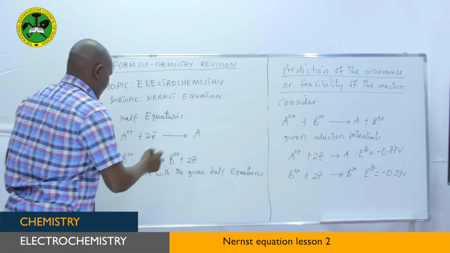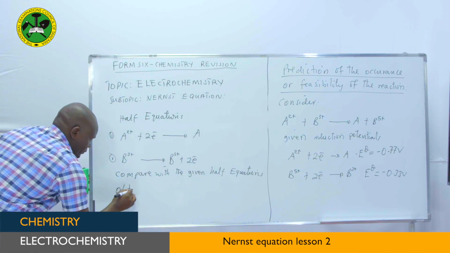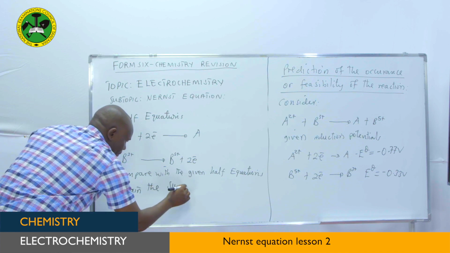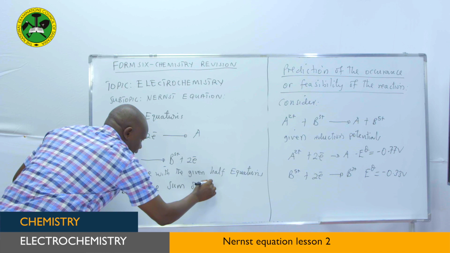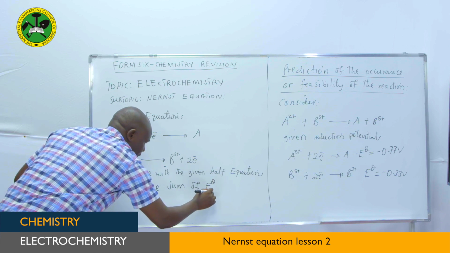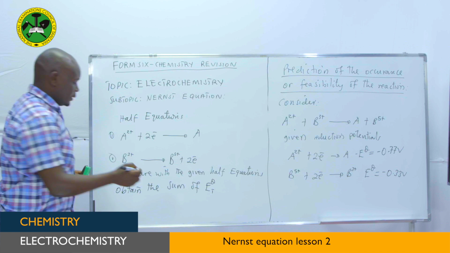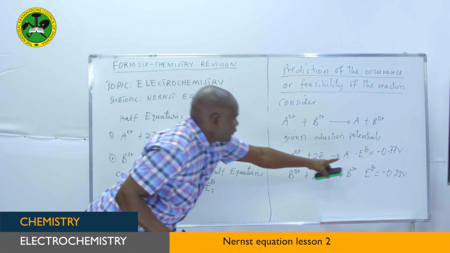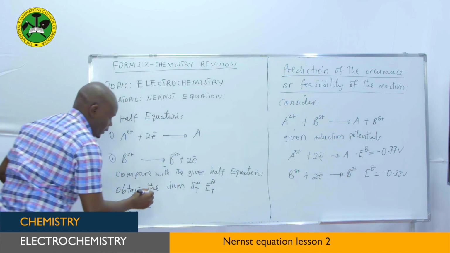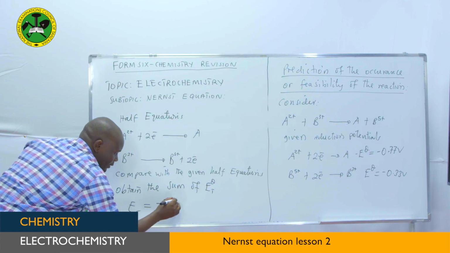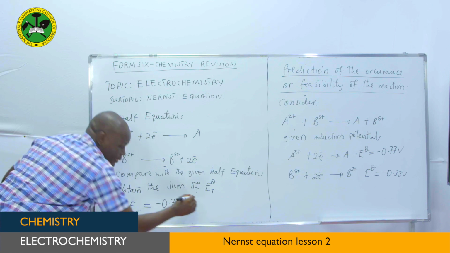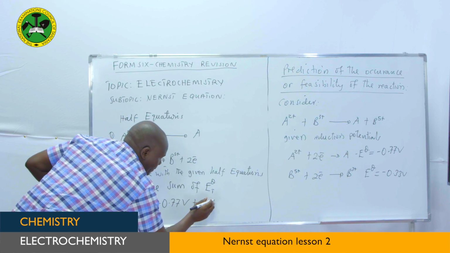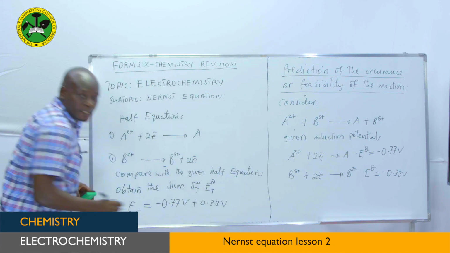Now from there, you have to obtain the sum of the standard electrode potentials, which means that E total will be equal to negative 0.77 volts plus, it's a summation, 0.33 volts.